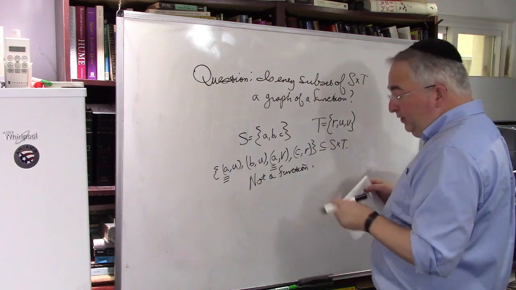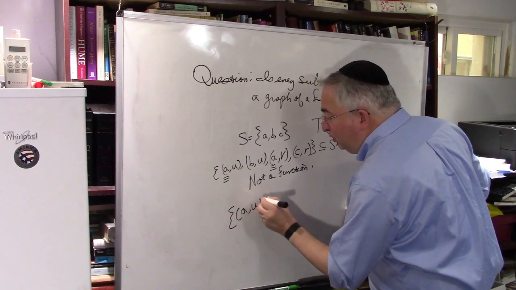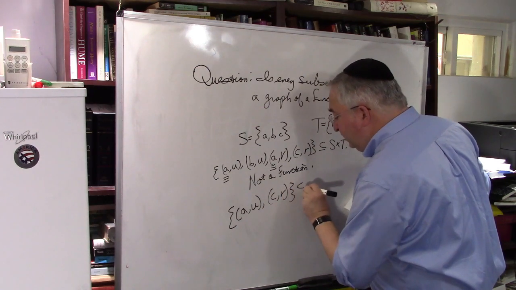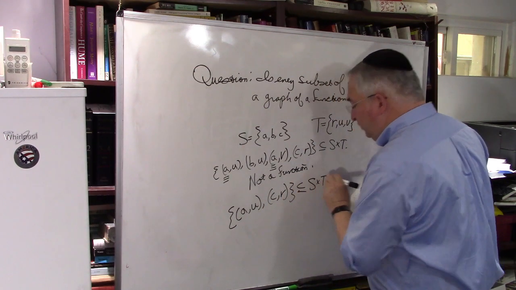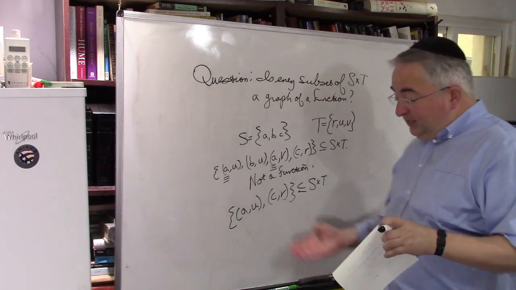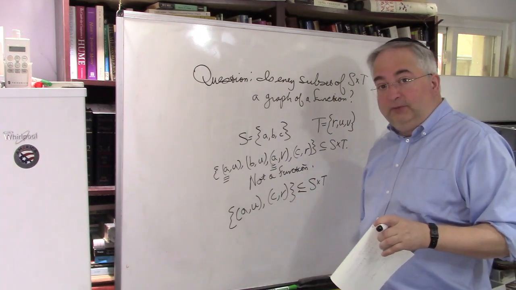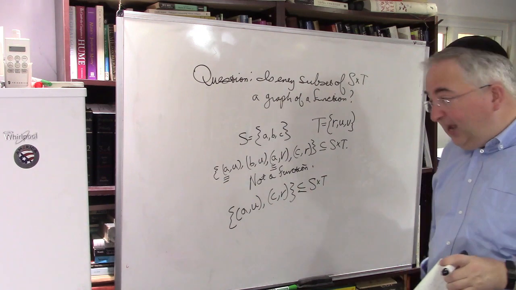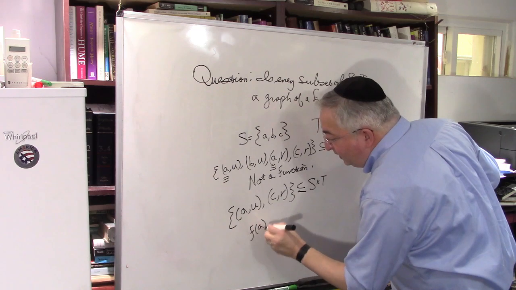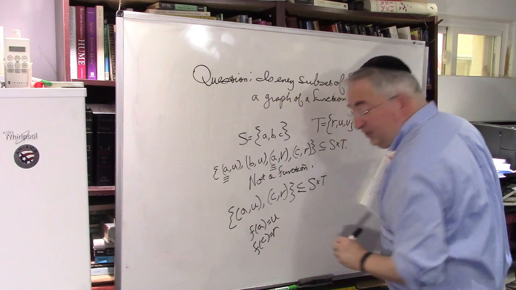Okay, ready. So let's try another one. How about A, U, C, R? This is also a subset of S cross T. Question. Is this a graph of a function? And the answer is no, it's not. Why? Because this basically says f of A is equal to U, and f of C is equal to R. That's very good.